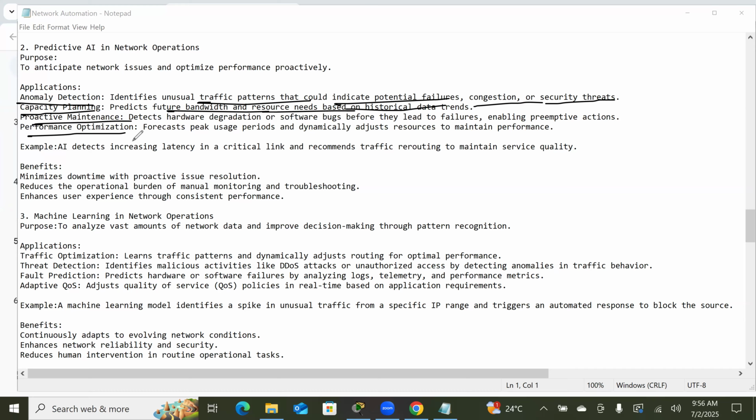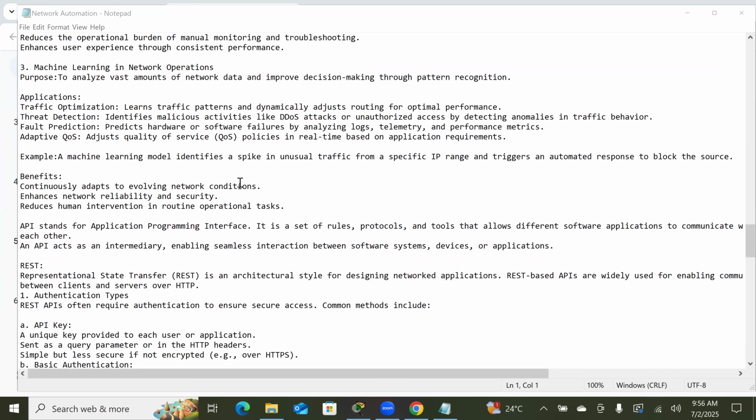Other than these AIs, it uses ML also. What is ML? Machine learning. What is machine learning? Exactly, it will learn all the data, and with the help of this learned data, it's going to give the result however you want it.